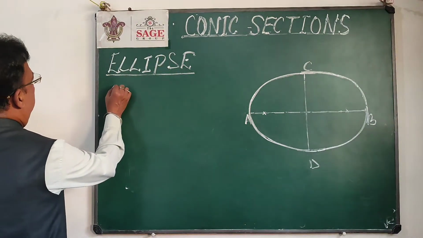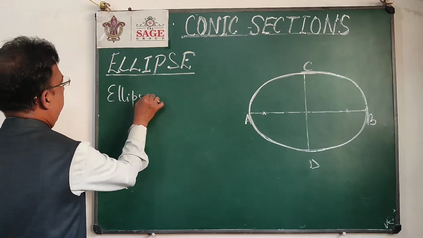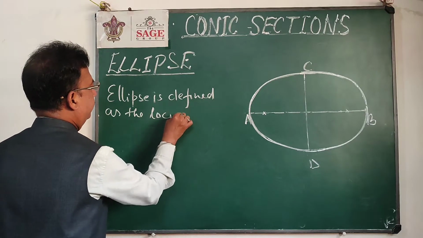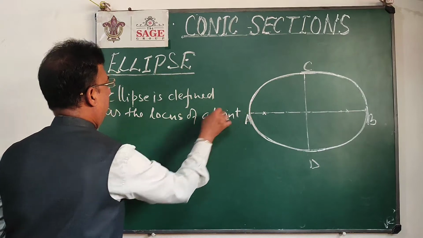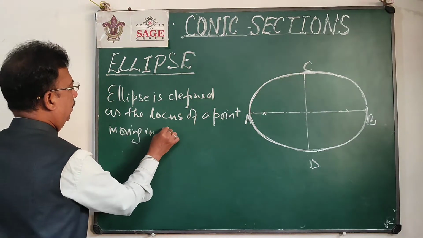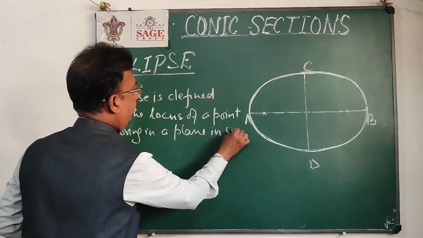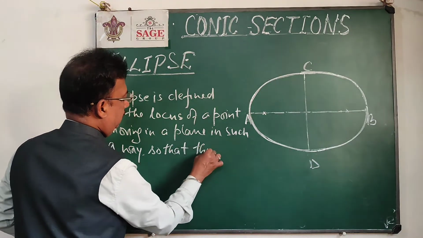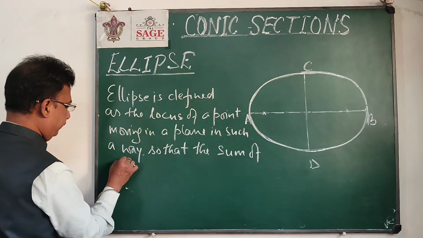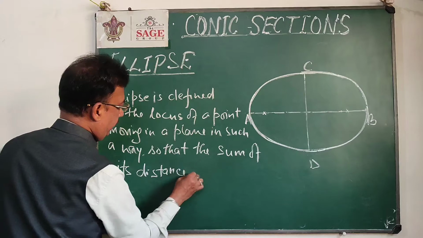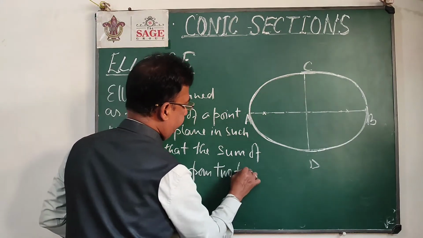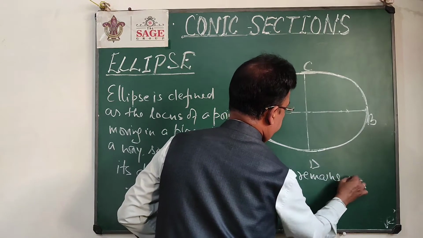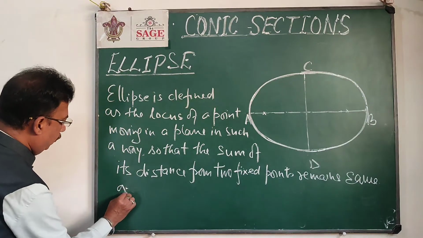So the definition is: an ellipse is defined as the locus of a point moving in a plane in such a way so that the sum of its distance from two fixed points remains same or constant.